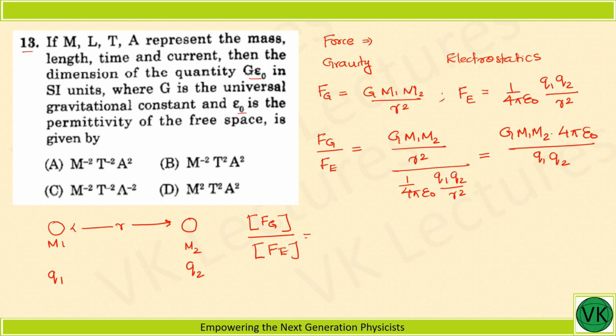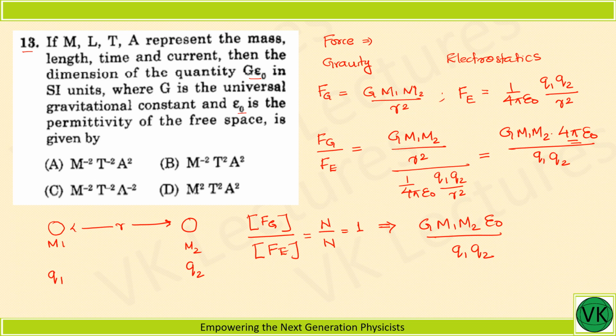Both are forces, so Newton by Newton, so the dimension is 1 or unity, a dimensionless quantity. 4 pi does not have any unit because it's a constant. So what is remaining is G m1 m2 epsilon naught divided by q1 q2.